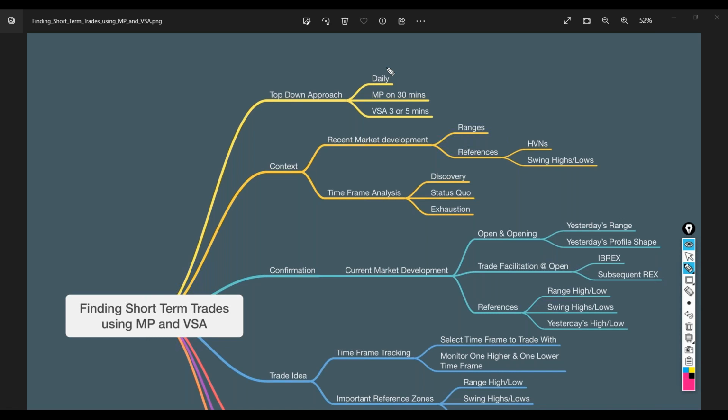Sometimes when the higher time frames are not interested in trading, the shorter time frames will step in and they will control the market. So what you need to understand is which time frame is in control of the markets at any given point in time. If you miscalculate that, all right, now when we go to the charts, I'll show you.